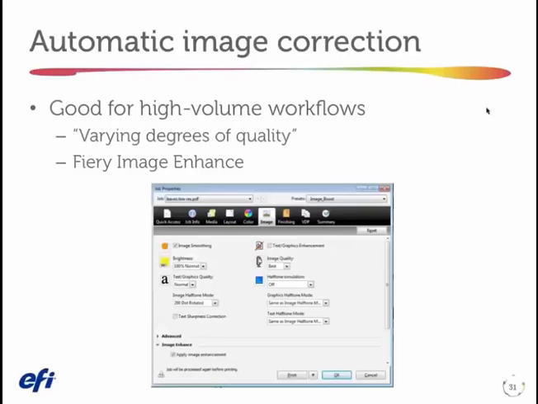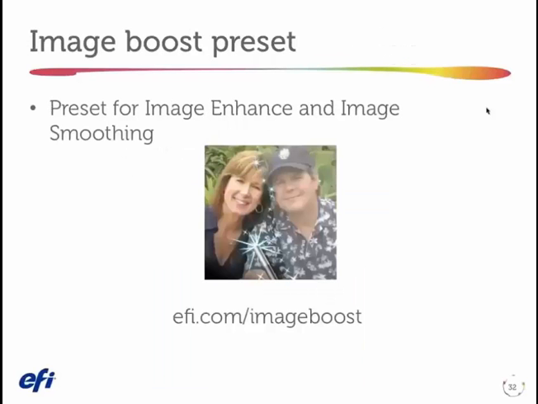We have the Image Enhance feature on the Fiery, again, something that I enable in the job properties. Image enhancement does a whole range of things, and I'm not going to show you the controls, but it can adjust the tonality, it can adjust color balance, it can adjust color saturation, and it can actually automatically fix things like red eyes that might be a problem in a photograph.